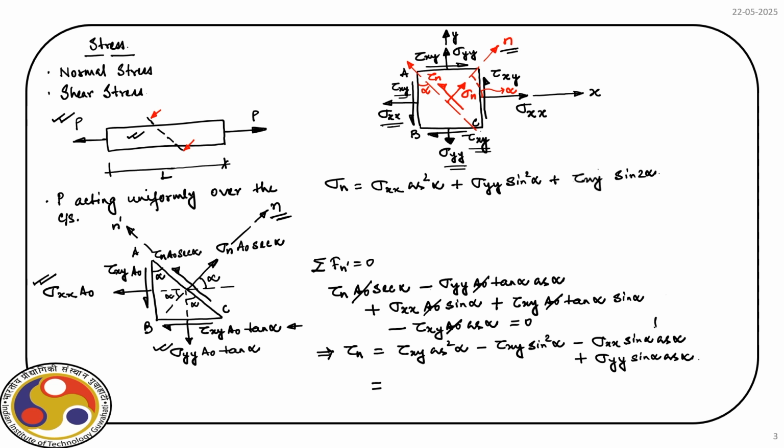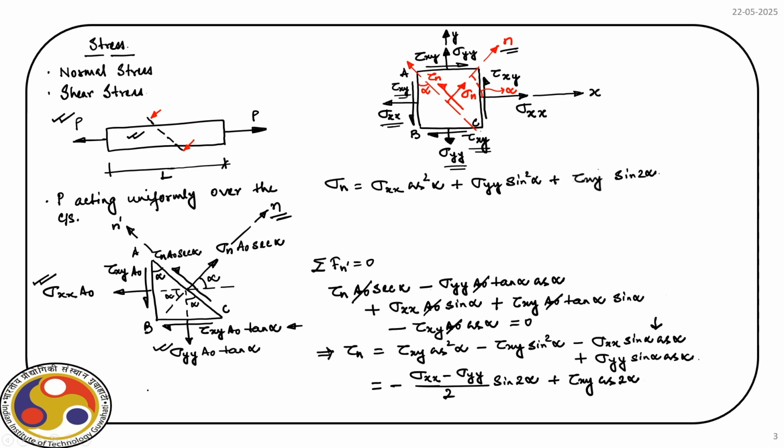We have sin alpha cos alpha here. So, we can write it minus sigma xx minus sigma yy by 2 sin 2 alpha, and then plus tau xy within bracket cos square alpha minus sin square alpha. So, that will be cos 2 alpha.